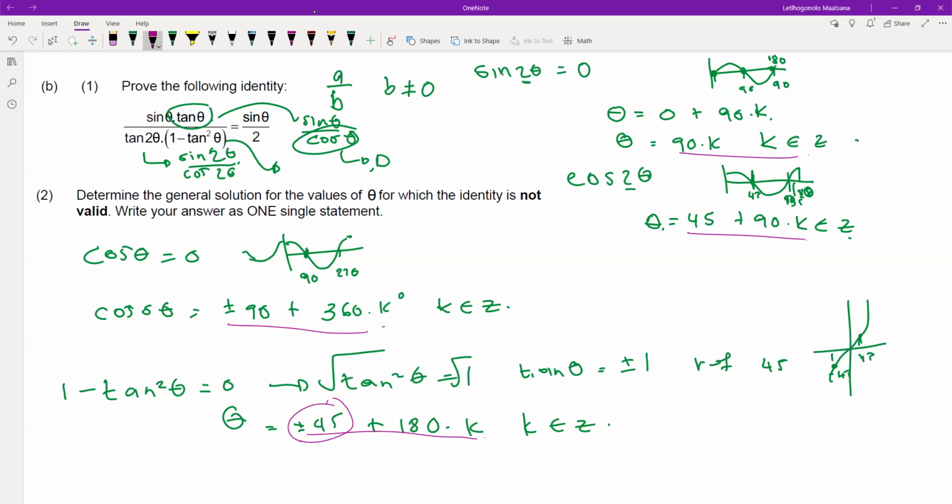So for our single solution, we'll write that theta is equal to 45 degrees multiplied by k, where k again is an element of all integers. And whenever we change k, starting with k equal to 0, all of the solutions that we have come up with that it cannot be equal to will be represented here.